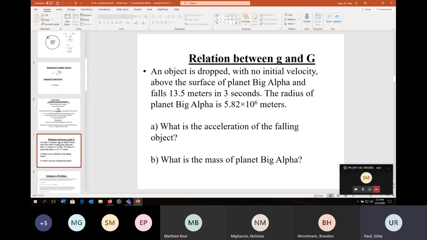When an object is dropped with no initial velocity above the surface of some planet, big alpha, and falls 13.5 meters in 3 seconds, and the radius of this planet is given, what's the acceleration of the falling object? This is a problem where, if you're just looking to apply the equations of chapter 6, it may not be enough.